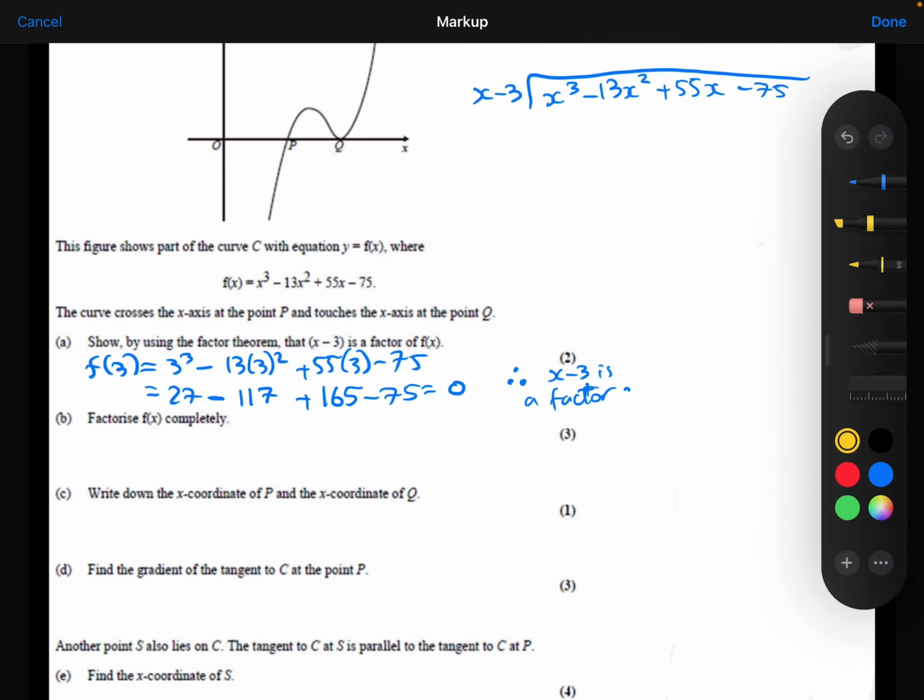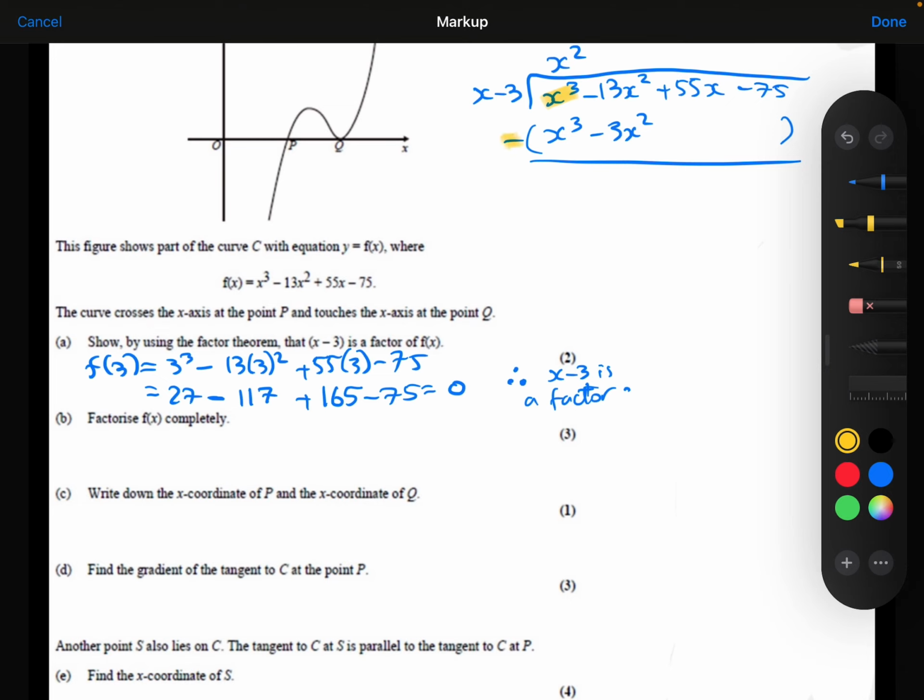So, x into x cubed goes x squared times. And now we're going to multiply out. x squared times x is x cubed. And x squared times minus 3 is minus 3x squared. And we'll take that away.